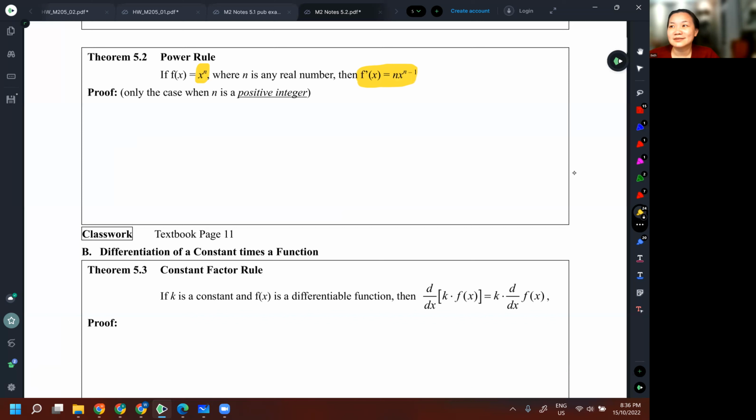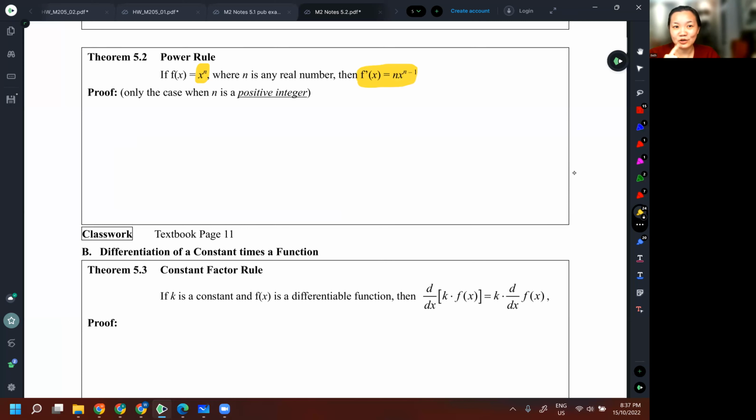We will do that, I think, after a few weeks. Today we're going to prove a little bit. We will prove the case when n is a positive integer. That we can prove. When n is a fraction or negative, that we don't know yet.